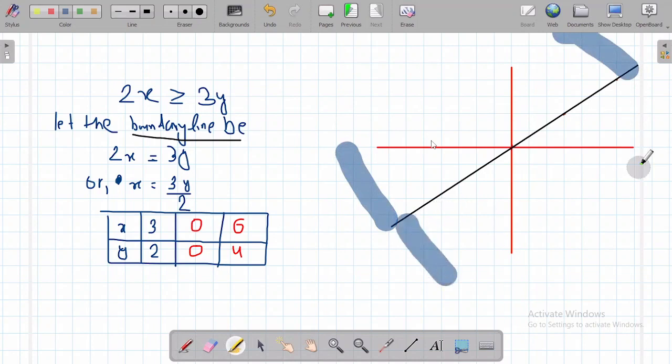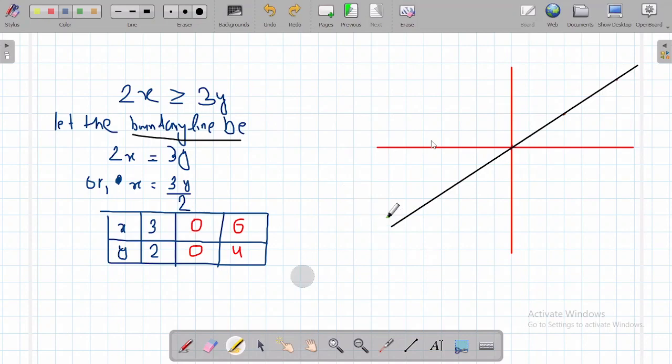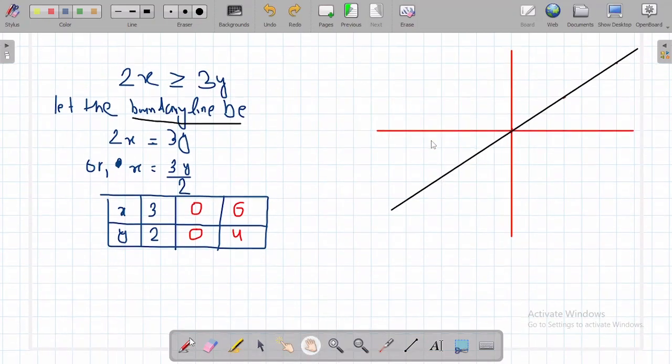Okay, already we got the conclusion that the arrow will be towards the second quadrant or towards the fourth quadrant. Okay, now how to show it, that we are going to test. So let's test the any point. So by testing, we can easily determine.